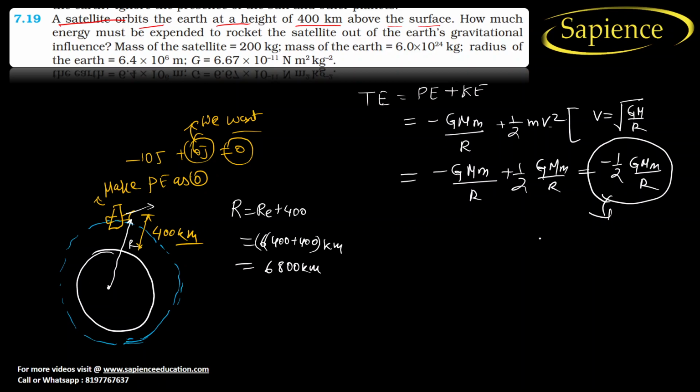So the total energy is negative. We have to put in the same amount of energy to make it zero so that it can come out from the Earth's influence.